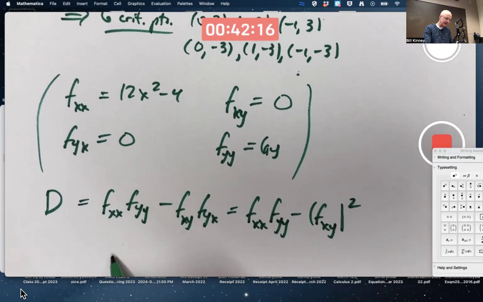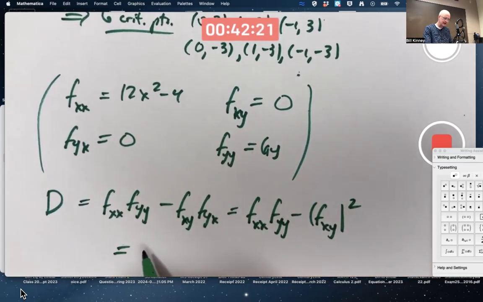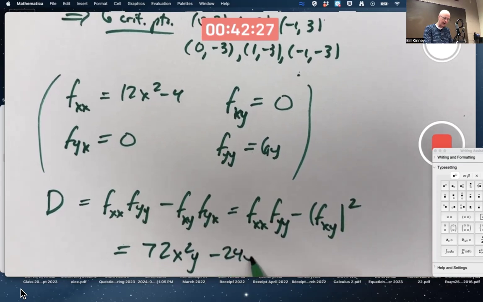How does this simplify for this example? It simplifies to just multiply these. 6 times 12 is 72 x squared y minus 24y.